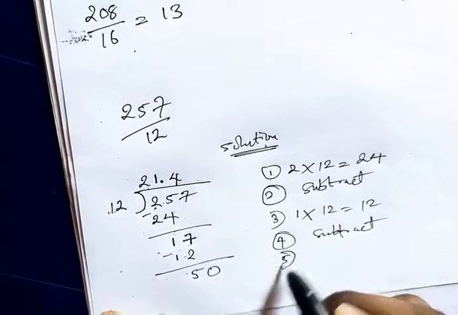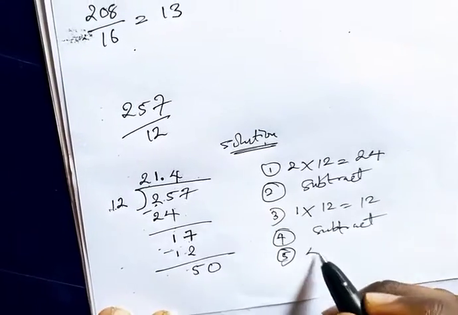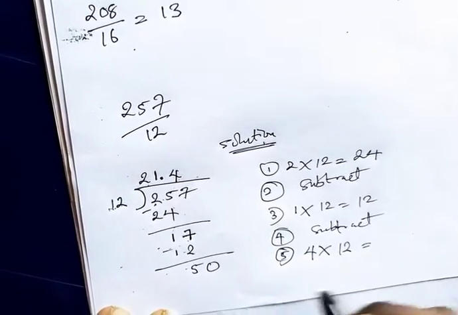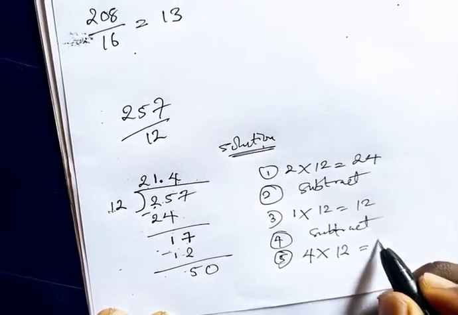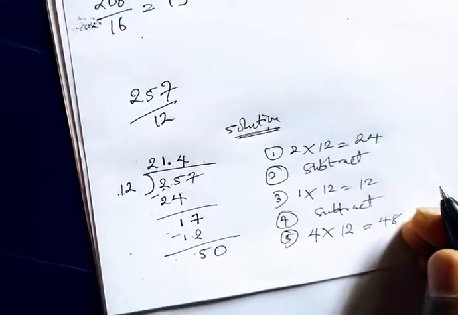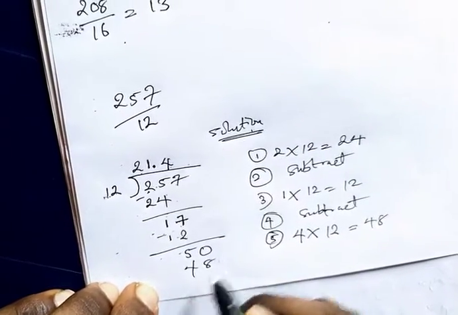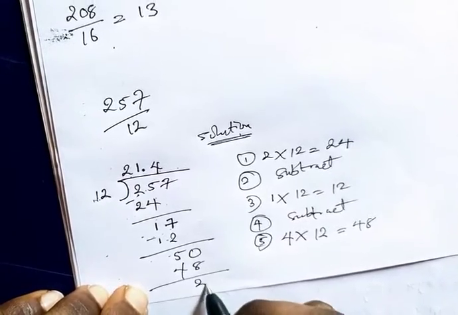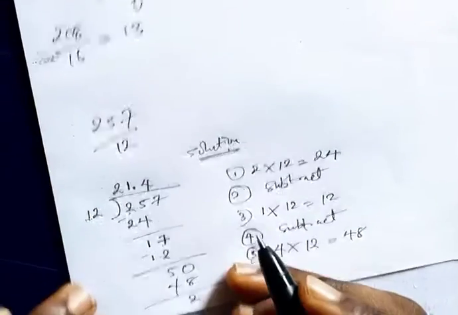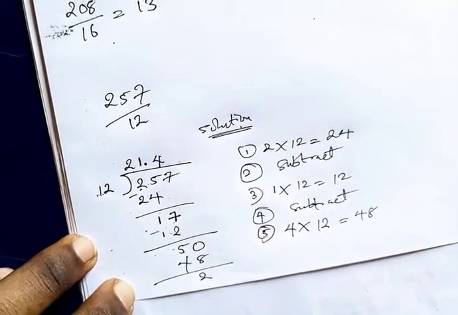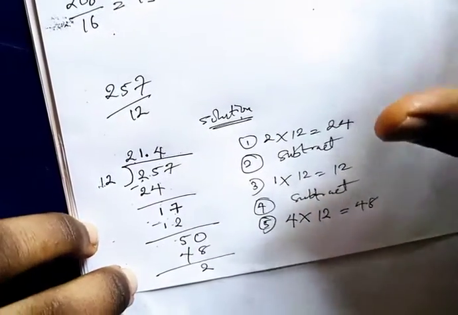So you multiply again: 4 times 12 will give us 48. So we bring our 48 down here and we subtract, we get 2. So this is how we are going to continue, and that is the idea of long division.